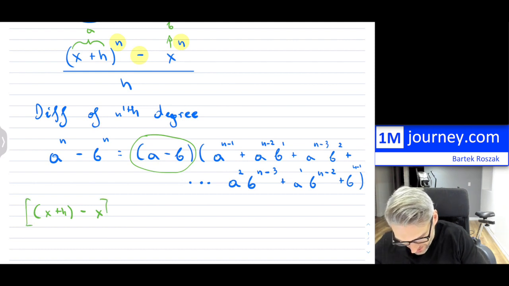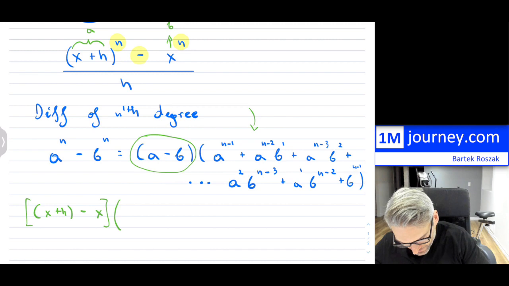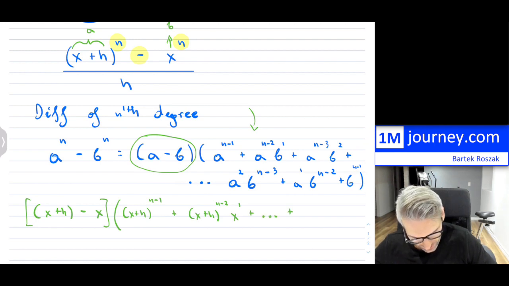Now, once I have this, I'm going to take this big long term. Just bear with me. Within here, I'm going to get (x + h) raised to the n minus 1, plus (x + h) raised to the n minus 2 times your x to the 1, plus, now I'm not going to write all of the terms in here, dot, dot, dot, until you eventually get to the last two terms, which are (x + h) to the 1 times x to the n minus 2.